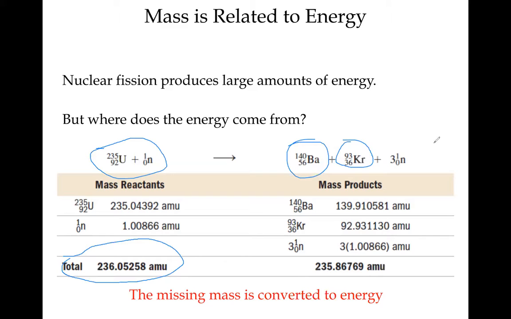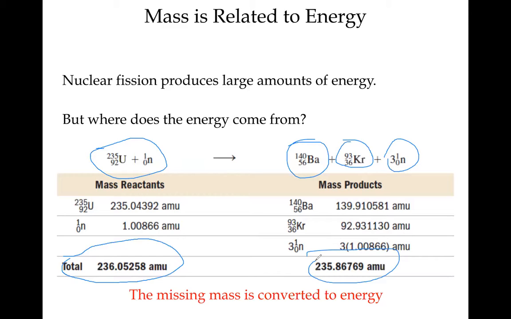And if we then looked at the products of that radioactive decay, right, and we added all of them up, it's 235.86769. Now, what's happening there?